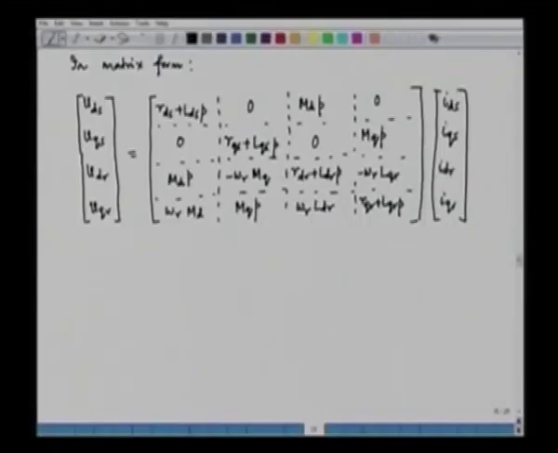Okay. Now, if you see, this matrix has got the resistance term, has got the inductance term, has the speed term. So we can break up this matrix into 3 different parts. One part containing only the resistance term, the other part containing only the inductance term with P. P is the derivative operator, and the third component consisting of the speed. The speed is omega r here.